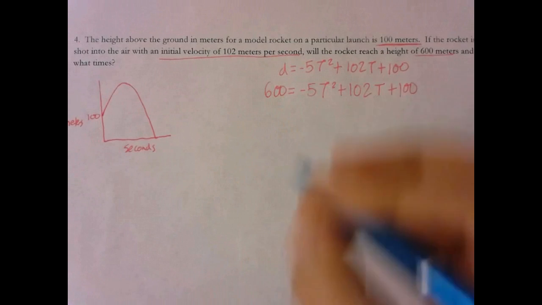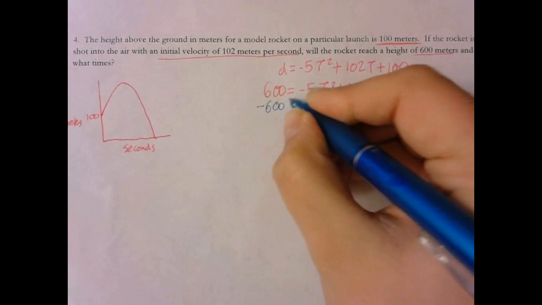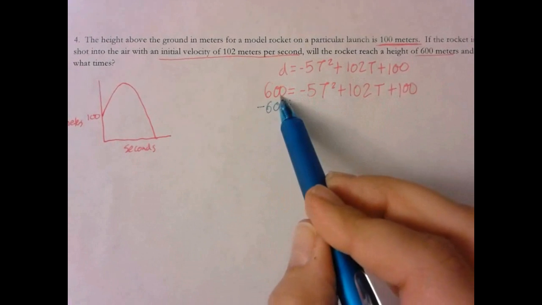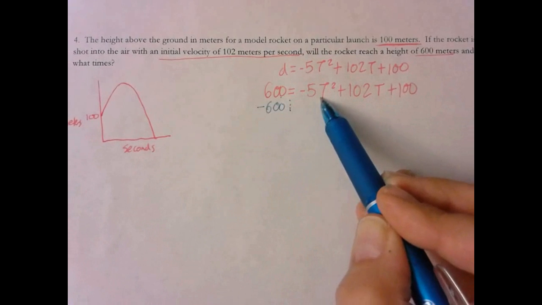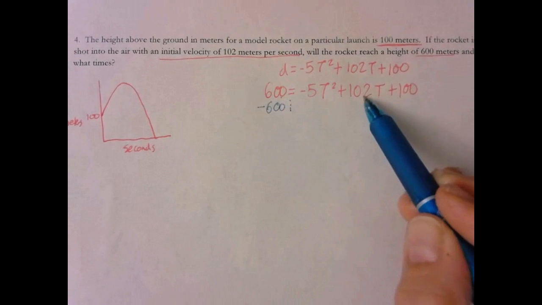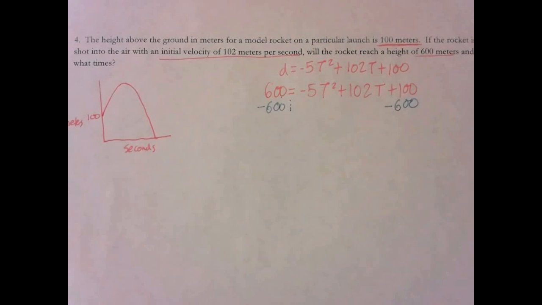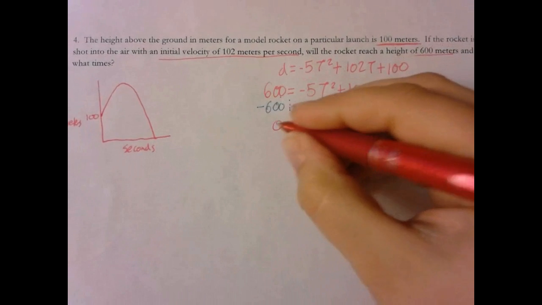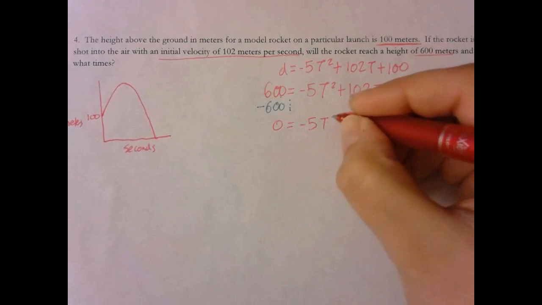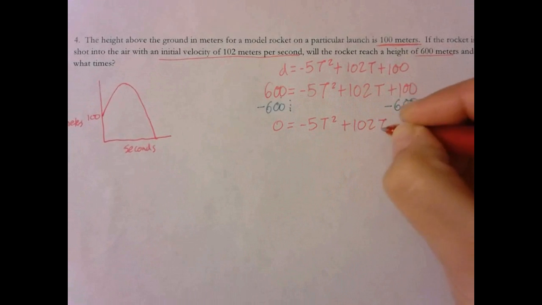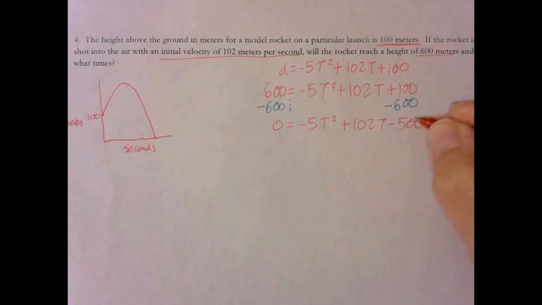So we need to subtract 600 from both sides. And notice 600 does not have a t squared, so don't combine it with this term. It does not have a t, so don't combine it with this term. It's all by itself. So we're going to subtract 600 over here. We get 0 equals -5t squared plus 102t minus 500.